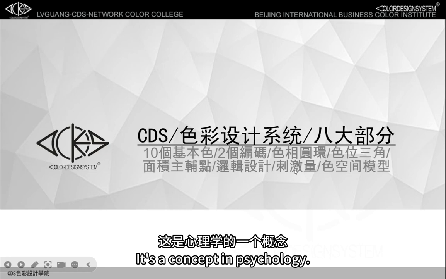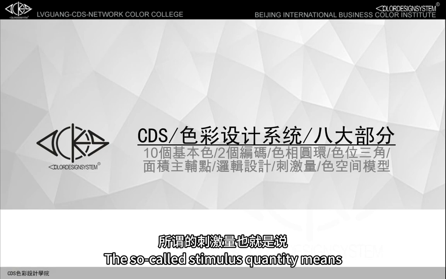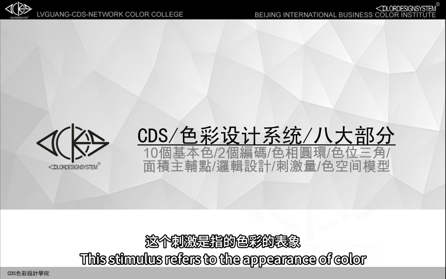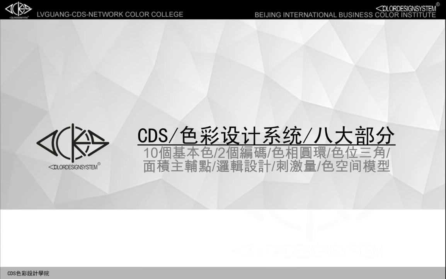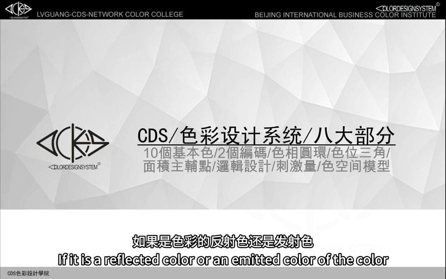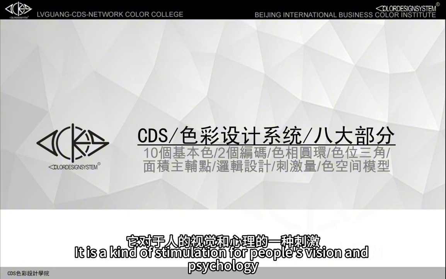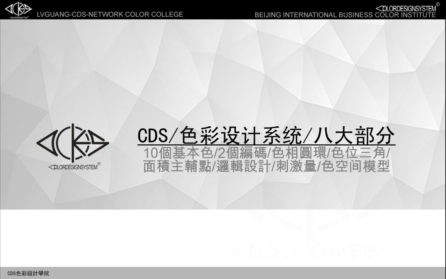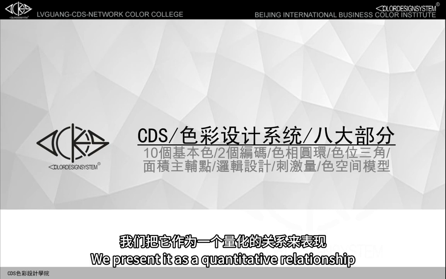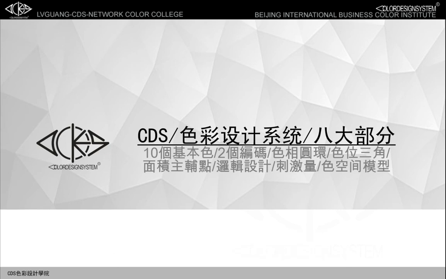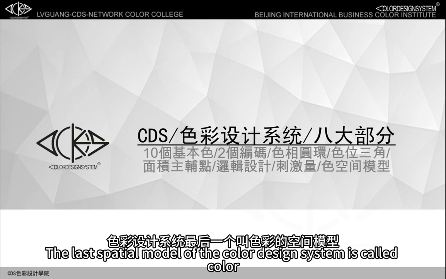It's a concept in psychology. The so-called stimulus quantity means this stimulus refers to the appearance of color. If it is a reflected color or an emitted color, it is a kind of stimulation for people's vision and psychology. We present it as a quantitative relationship. The last is the spatial model of the color design system.